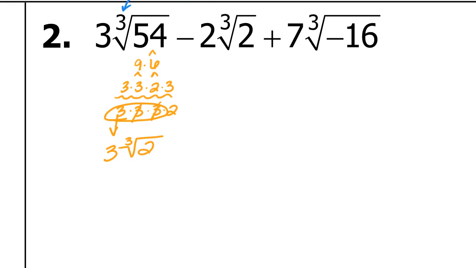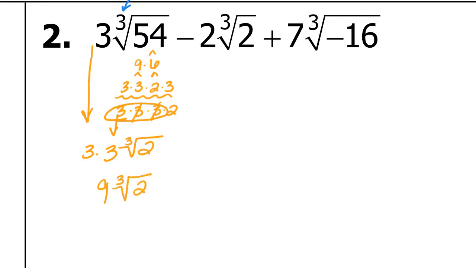And as I leave it in the radical, I want to make sure that I write my index, because if I do not write my index, then it is assumed to be a square root. And in this case, it is not a square root, it's a cube root. I don't want to forget about the 3 that was already out, so I'm going to bring it straight down. And this reduces down to 9 cube roots of 2.